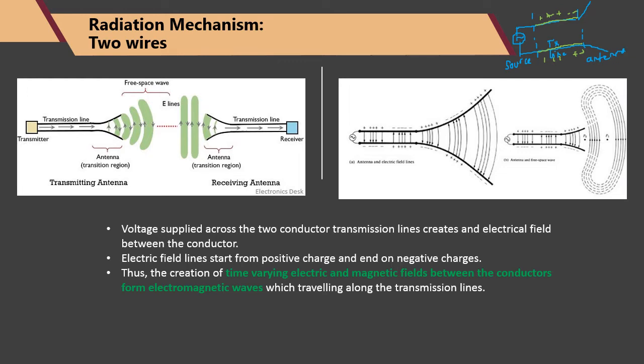Okay, so if that's the source, the field will flow continuously from positive to negative, something like that. So you create the electric field. Okay, same goes to the other side, and so on.